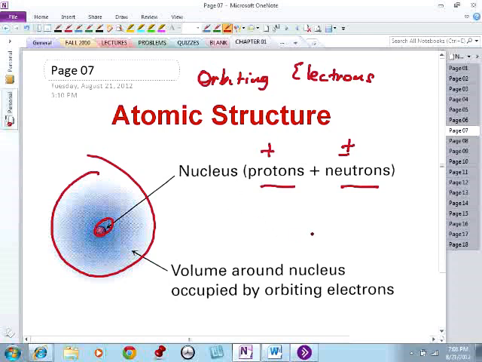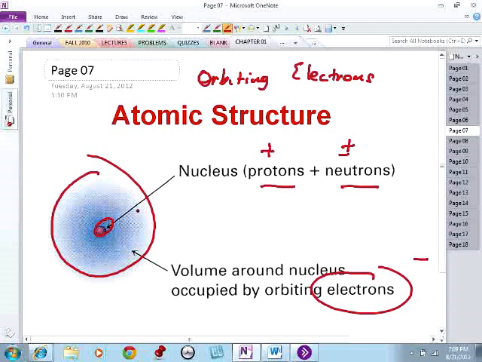Anyway, the electrons are negatively charged. But we also know that the atom itself is electrically neutral. So if in the nucleus the protons are positively charged, and then surrounding the nucleus you have the electrons that are negatively charged.